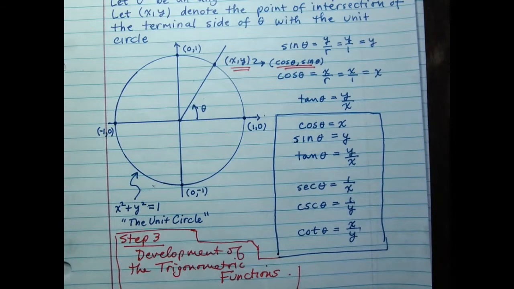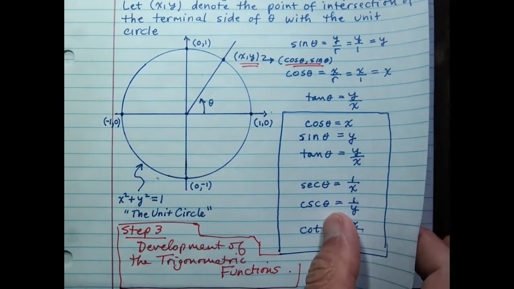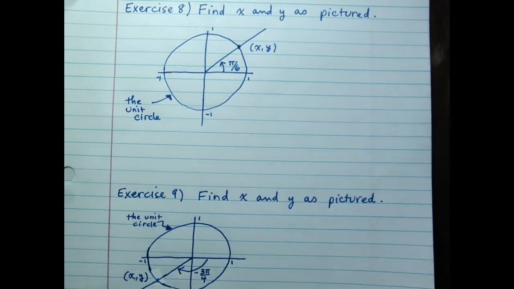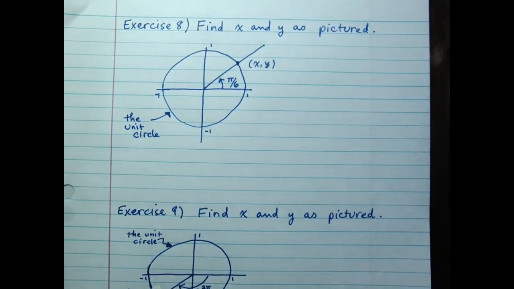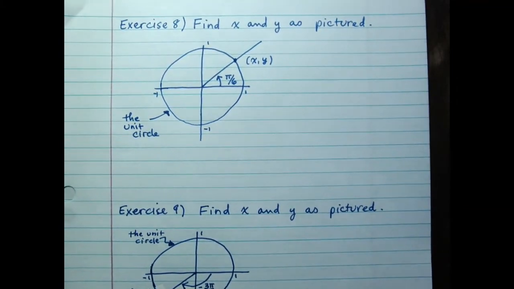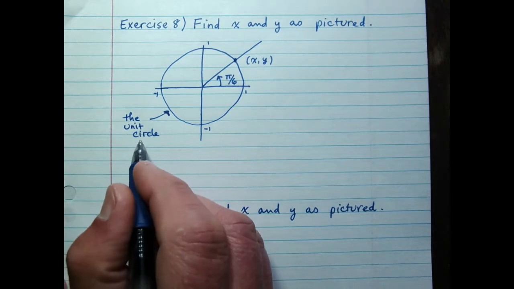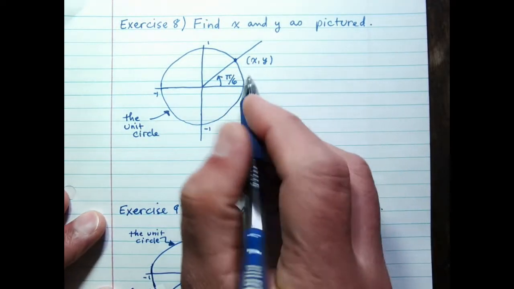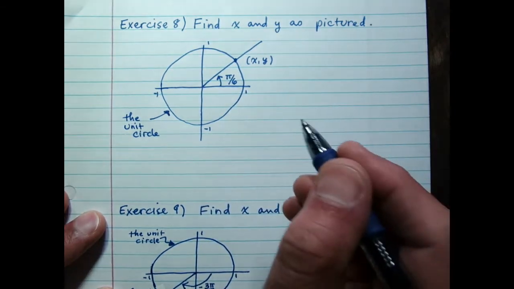Now I'd also like to do a couple quick exercises before we finish this video. Exercise 8, find x and y as pictured. This is a unit circle. So this point of intersection with the unit circle has coordinates x and y.